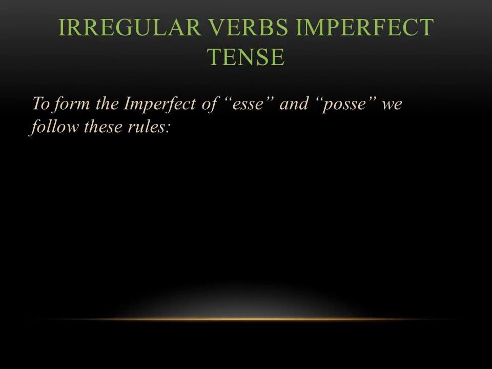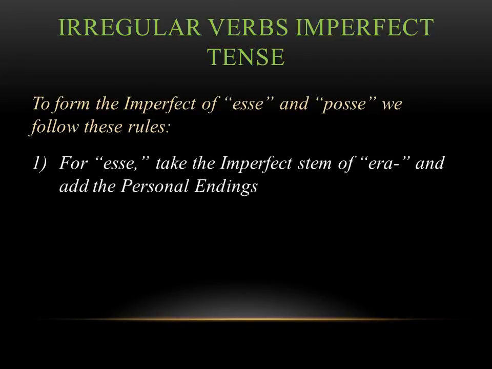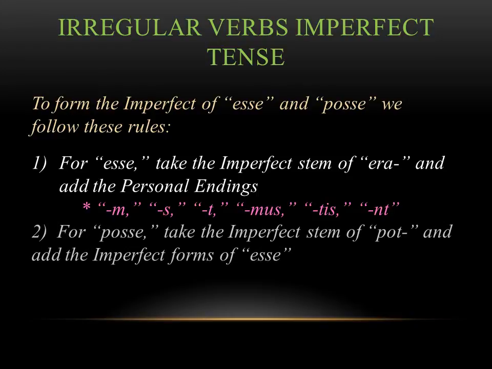So just to recap, to form the imperfect of esse and posse, we follow these rules. For esse, you're going to take the imperfect stem of ERA and add the personal endings. And in this case, it's going to be M, S, T, MUS, TIS, NT. You're just adding them right on. For posse, you're going to take the imperfect stem of POT and then you're going to add on the imperfect forms of esse.